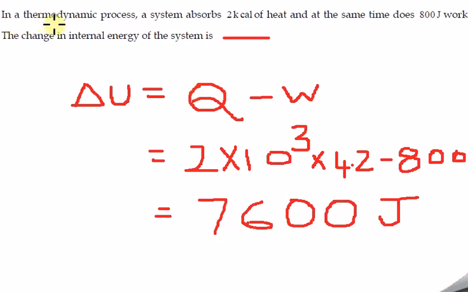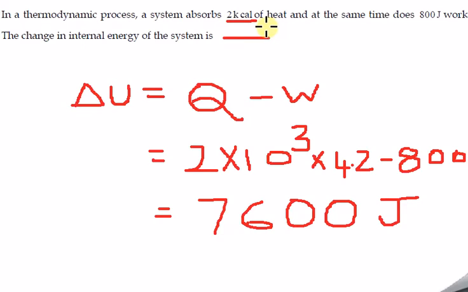In a thermodynamic process, a system absorbs 2 calorie of heat. We have to pay attention to this value, 2 calorie of heat, which means heat is absorbed.